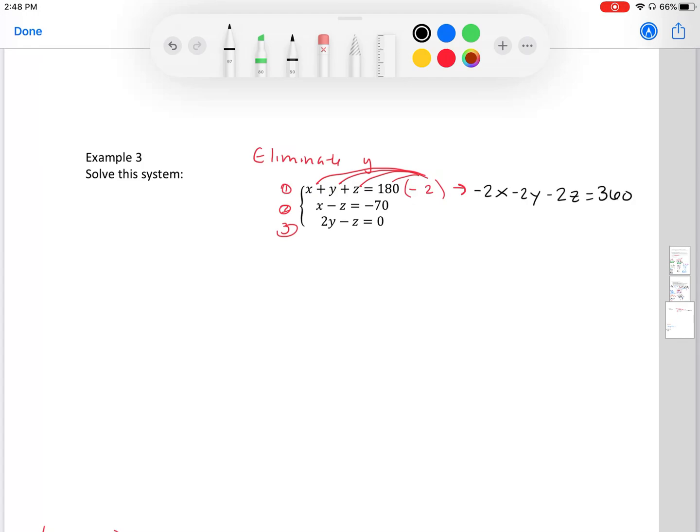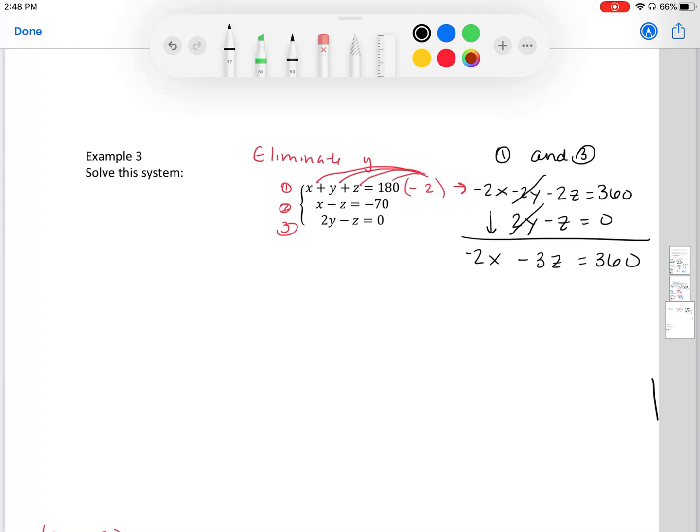And I'm working with equations 1 and 3. In equation 3, we have no x, so we have 0x, but we have a 2y minus 3z is equal to 0. So we just bring down that negative 2x. My y's are gone. 2z minus 3z is equal to 360.